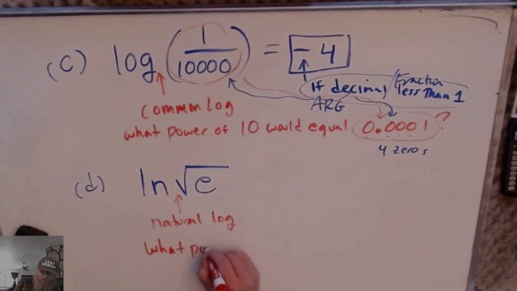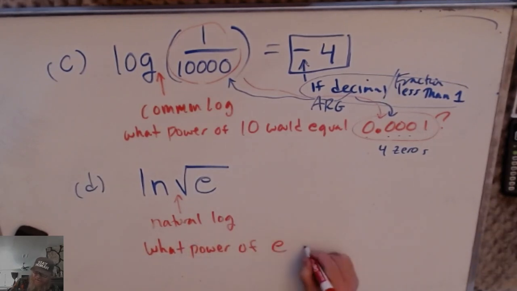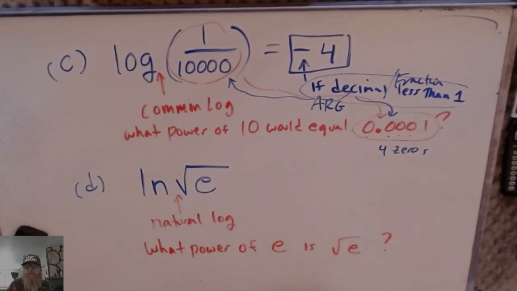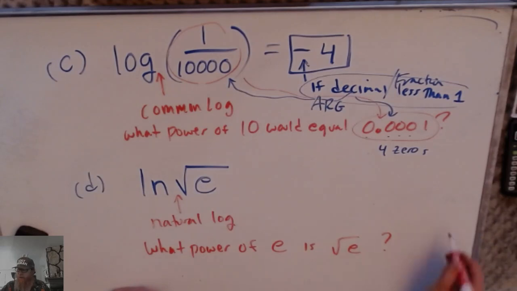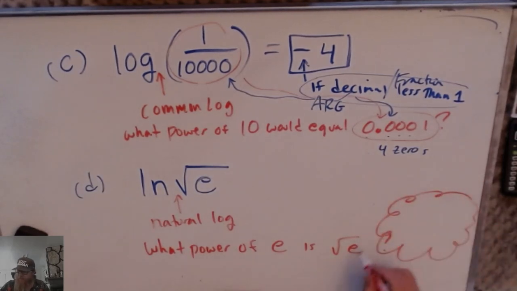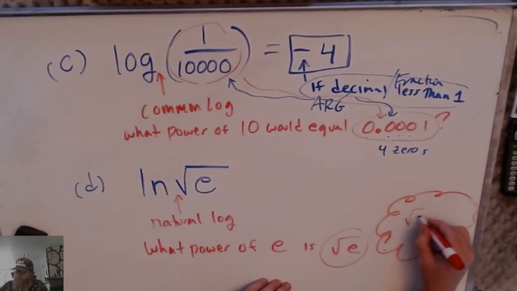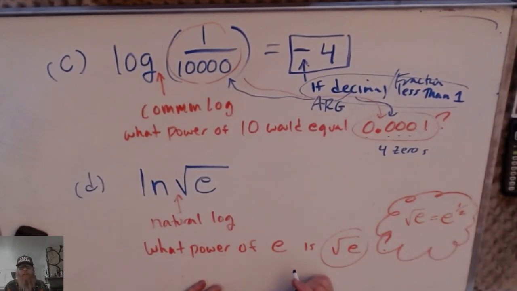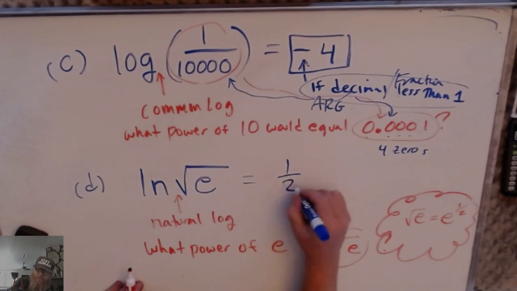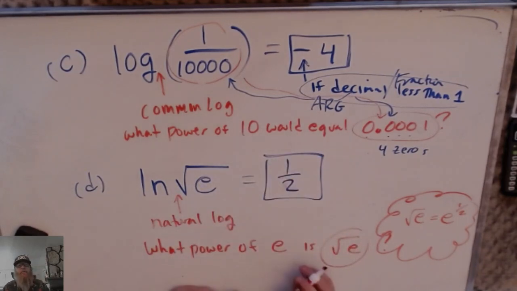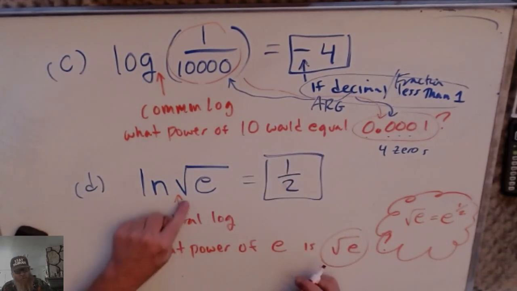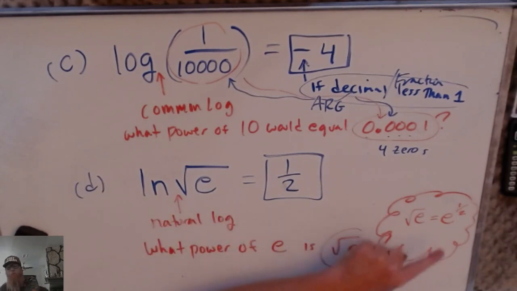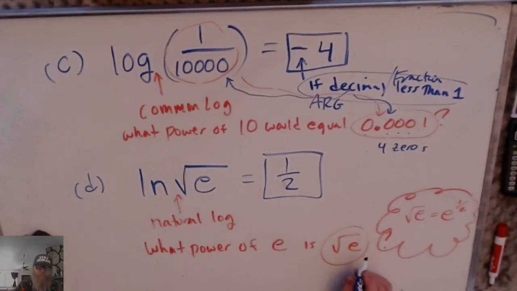So what power of e is the square root of e? Do you remember what power is equal to the square root? Square root of e is the same as e to the 1/2. So this would come out to be 1/2.